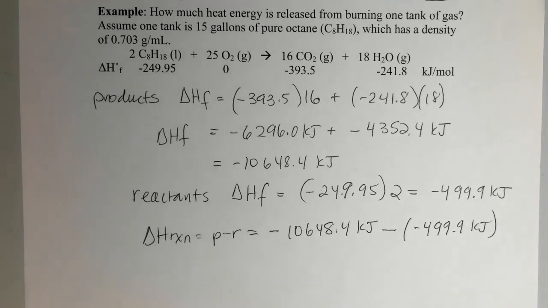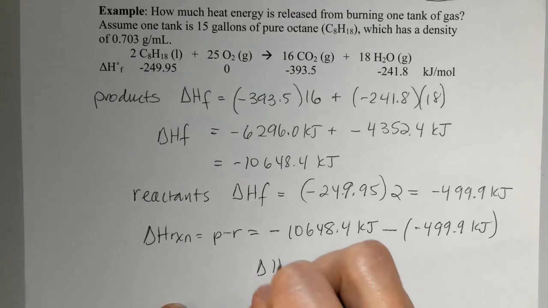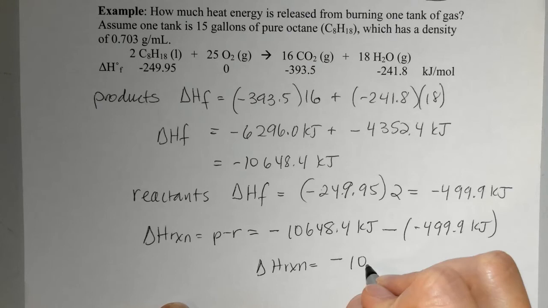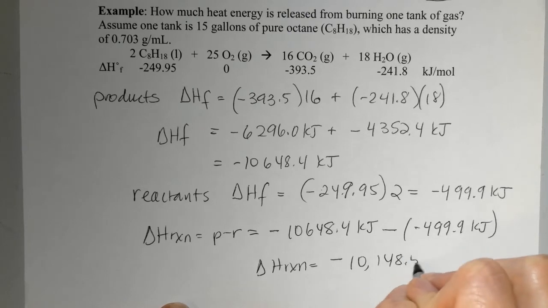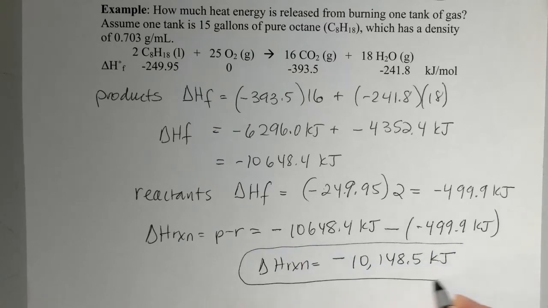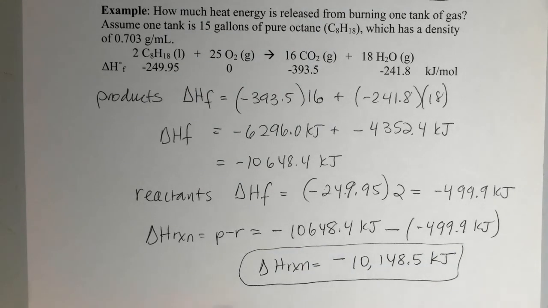So minusing a negative, it becomes a positive. So just adding everything together, we end up with a delta H of the reaction of negative 10,148.5 kilojoules. So a lot of energy released for the combustion of octane, which is why it's a great fuel for the car, right? We get a lot of energy out.